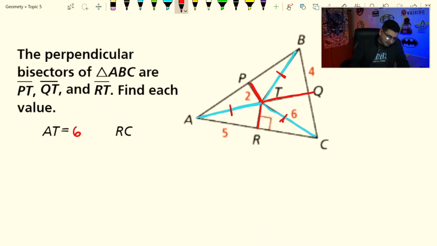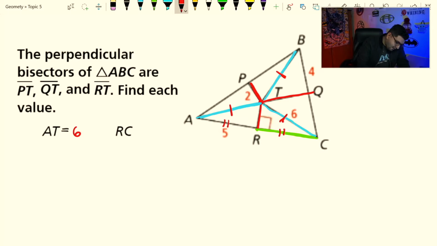Now let's look at RC. RC is this bottom piece of the triangle. Because it was cut by a perpendicular bisector, we know that this piece in particular is congruent to this piece.